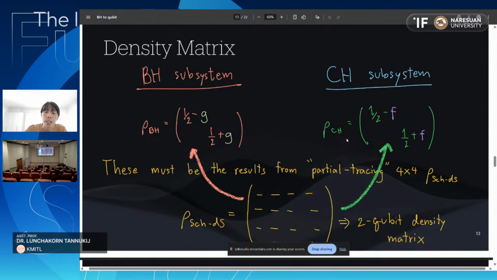And actually, my first hope is that I should be able to see some quantum interaction, something like that. Now here comes a little bit of a problem. Once we try to correlate the BH subsystem and CH subsystem, mathematically speaking, we are going to find the total density matrix like this.